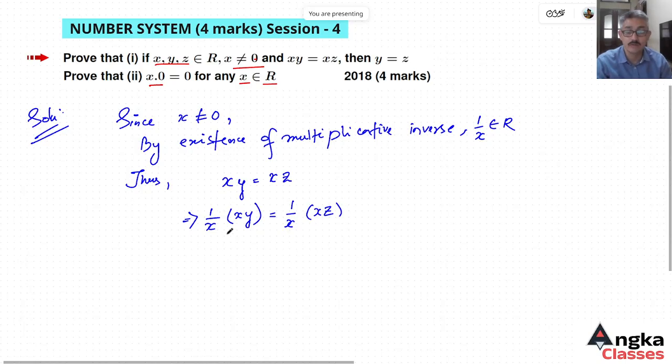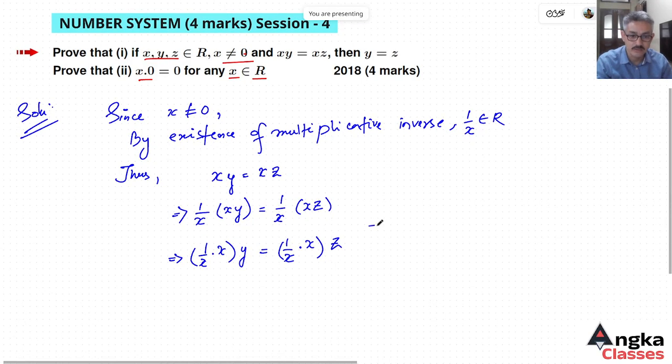Now next, 1 by x and x, we group them, y stays as it is; on the right hand side, 1 by x and x grouped, z stays as it is. This is by associativity of multiplication.